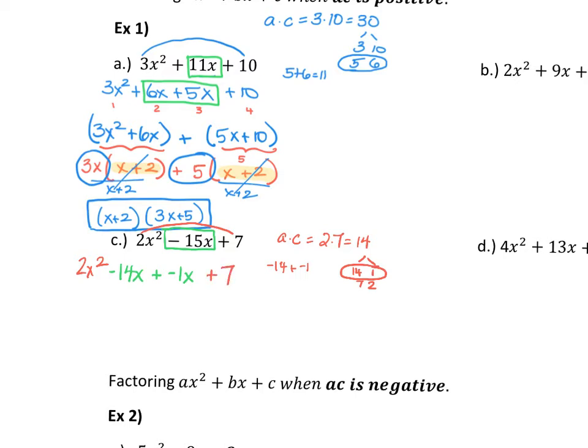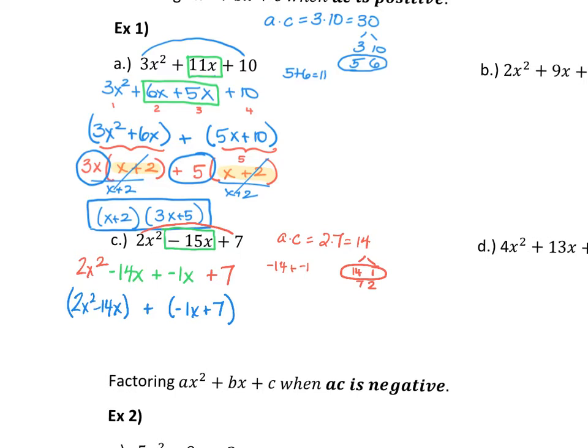So see how in the green I replaced the negative 15x with negative 14x plus negative 1x. Okay, so now I can group. So I have 2x squared minus 14x as the first group, plus negative 1x plus 7 in my second group. Okay, so these are 2 groups that are being added together. So now I want to find their GCF.